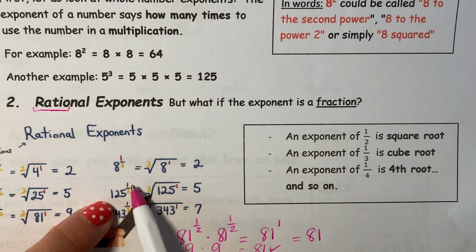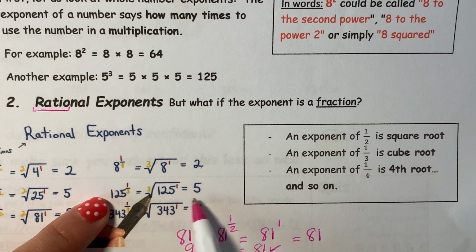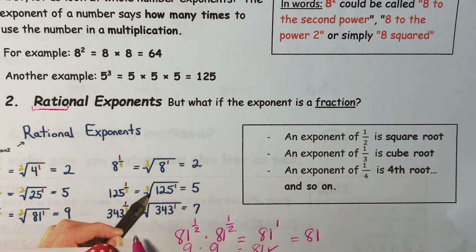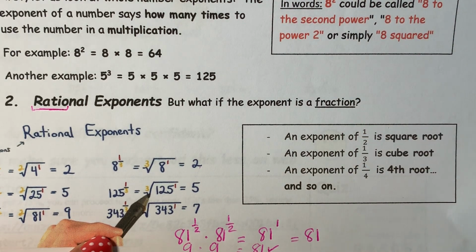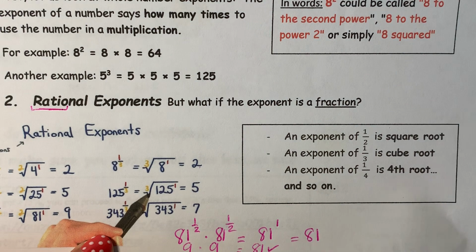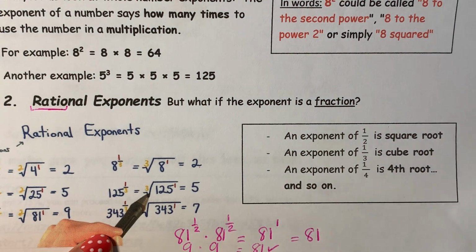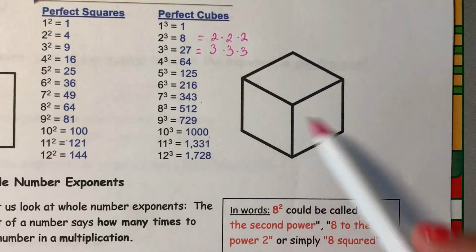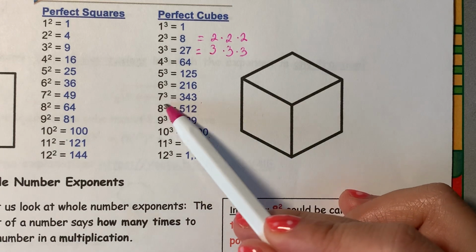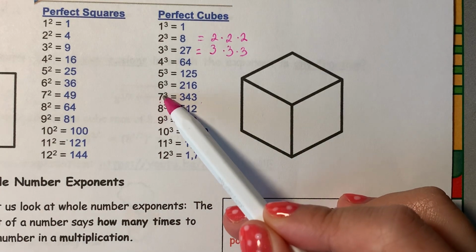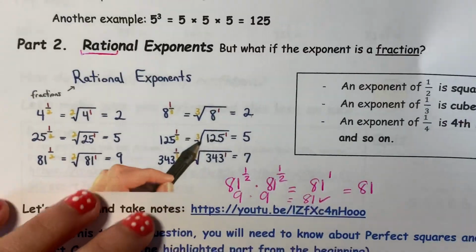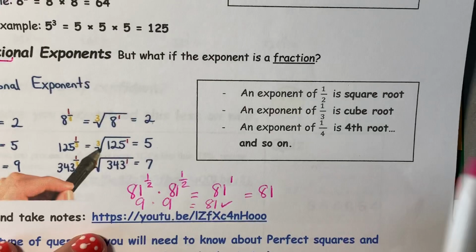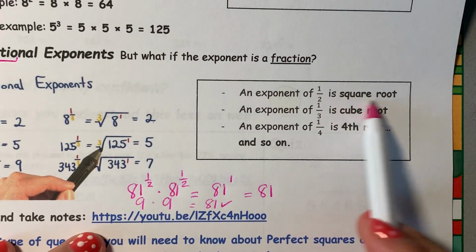So therefore 125 to the 1/3 equals 5. 343 to the 1/3 is the same as the cube root of 343. And the root is 7. Okay, so the base number right here is called the root. Good. So that's some examples. An exponent of 1/2 is called square root.